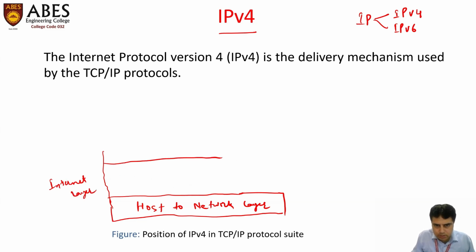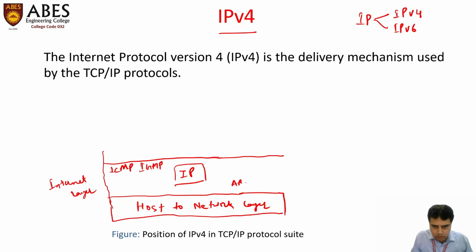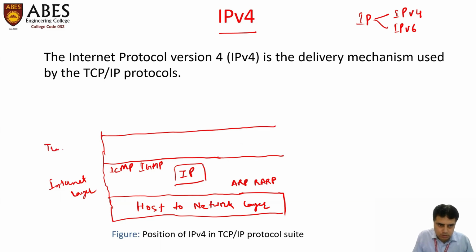In this internet layer, there is the IP protocol, ICMP, Internet Control Message Protocol, IGMP, Internet Group Management Protocol, ARP, Address Resolution Protocol, RARP, Reverse Address Resolution Protocol. Above the internet layer, there is the transport layer.